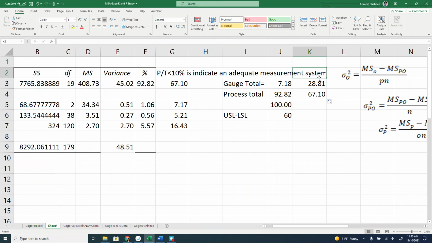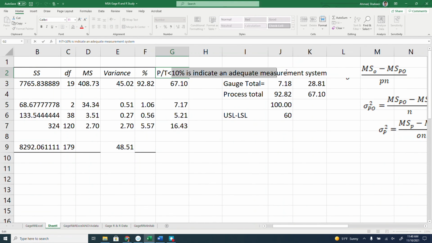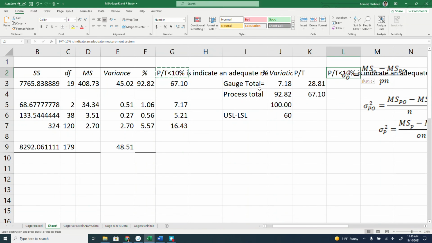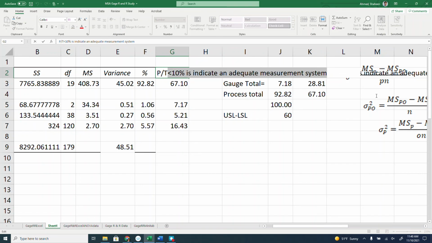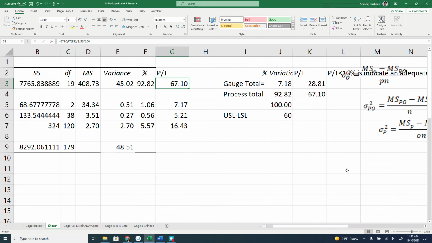So that's the PT total, which is about 29%, which indicates that this measurement system is not capable. That's percent variation. So if it's less than 10%, then it's okay. If it goes over 10%, then it's not okay. It's not a good measurement system. I'll put it here, just like this, so that it looks cleaner.